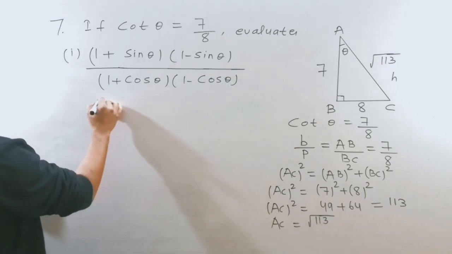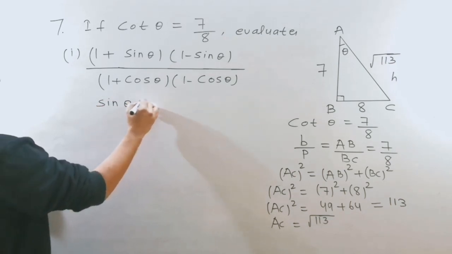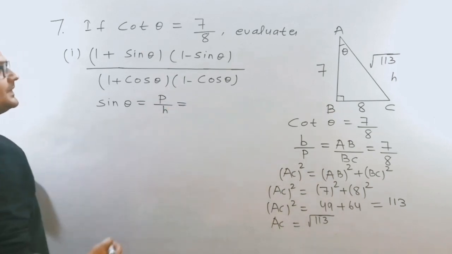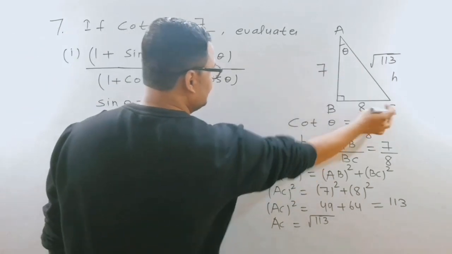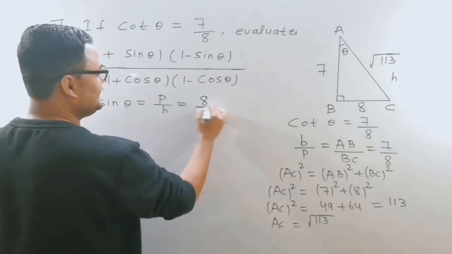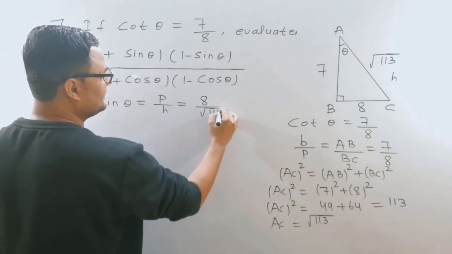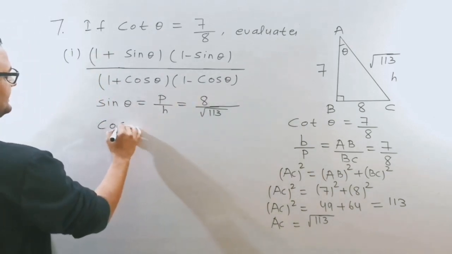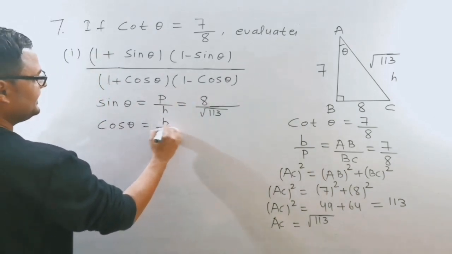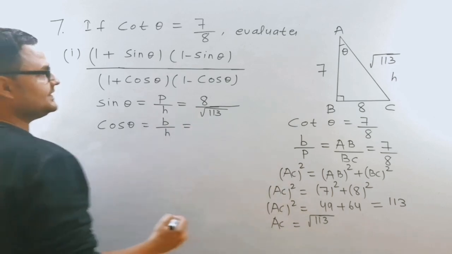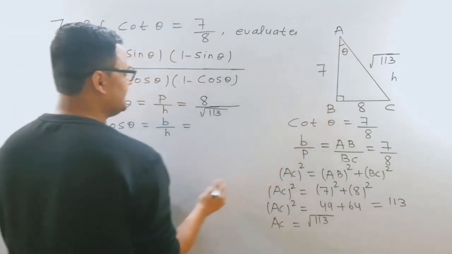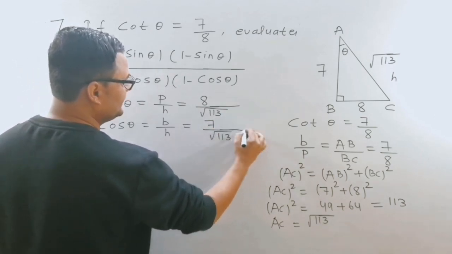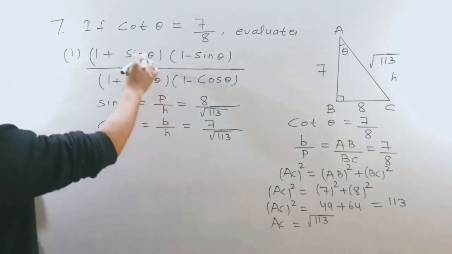Sin theta equals P by H. For this angle theta, the perpendicular is BC, so it is 8 by root 113. And cos theta equals B by H, base by hypotenuse. For theta the base is AB, so it is 7 by root 113. Now I have to put these values in the expression.